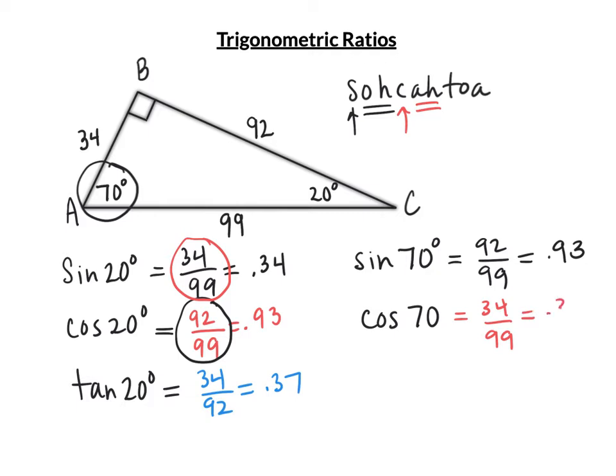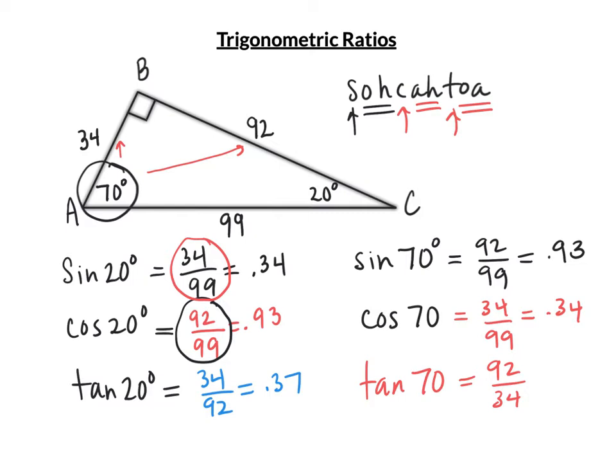It's 0.34. And then the tangent of 70, tangent is opposite over adjacent. And that would be 92 over 34.